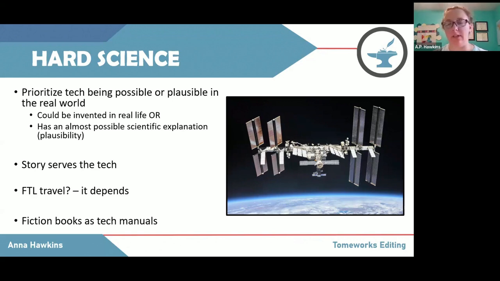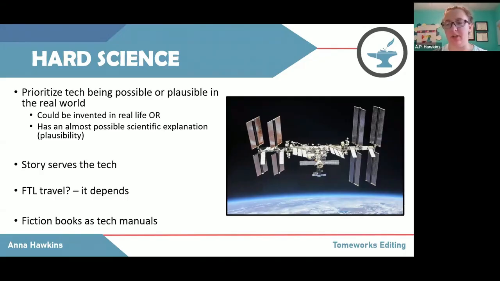But it really just depends. You're not going to get a Star Wars style hyperdrive in something that is hard science fiction, but you might get something more like, I can't think of an example off the top of my head, but in general, you're going to be dealing with the effects of time dilation.